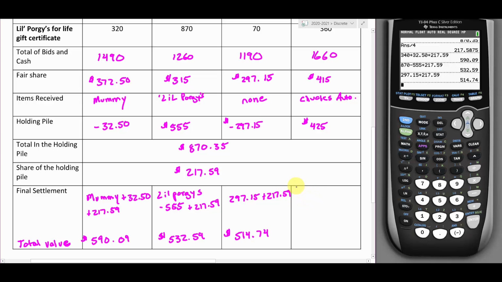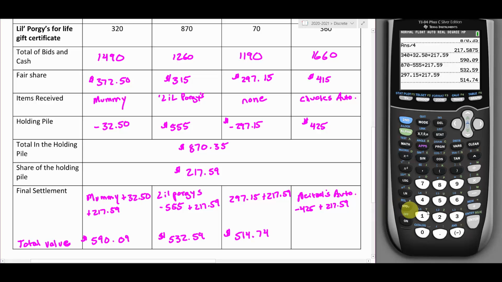And then we go over here and we do Coach Jackson. Coach Jackson got Neitzel's autograph. Abbreviate that. And then he paid $425, so we'll subtract $425, and then he received $217.59. Okay, so we got to add those three things together.